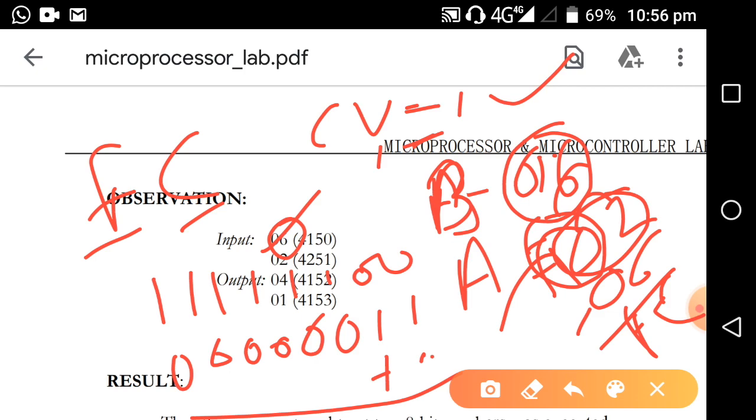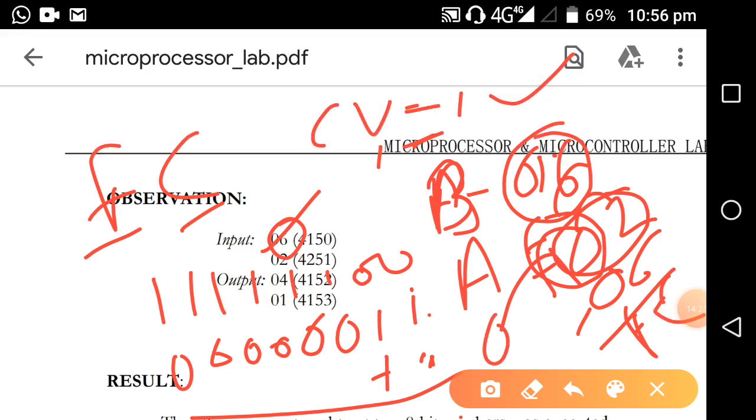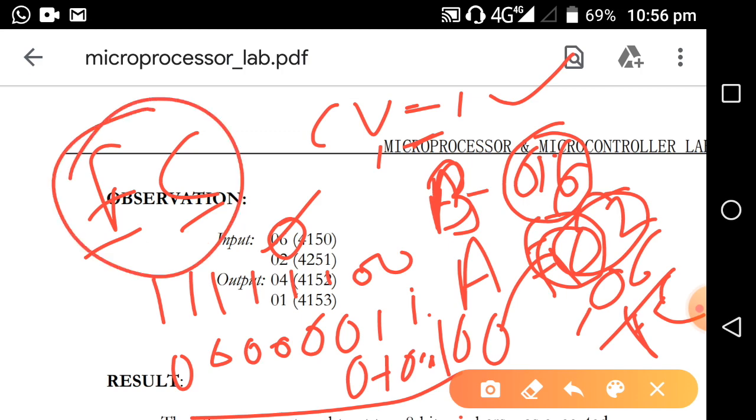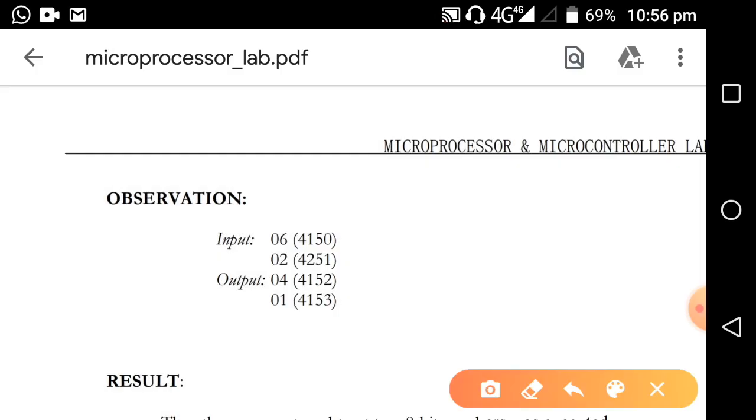Okay, so 0011 and 1, यानी कि आपका क्या आएगा, 04. The answer is 04 and the carry flag is 1.